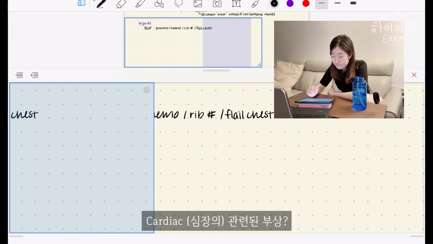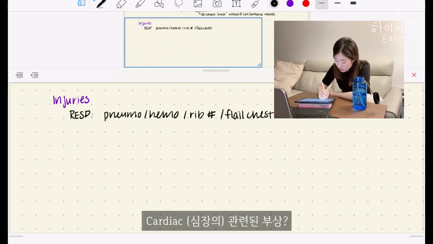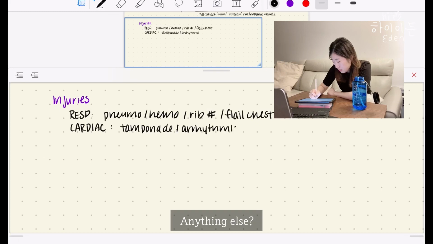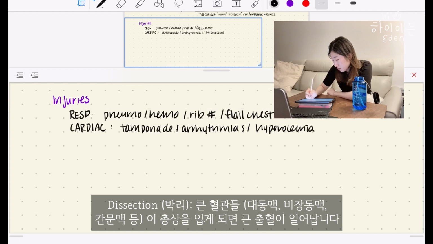Cardiac. What are some cardiac problems that this person could have? Yeah, definitely tamponade. Yes, they could definitely have arrhythmias, hypovolemia. Anything else? Yes, exactly, dissection.